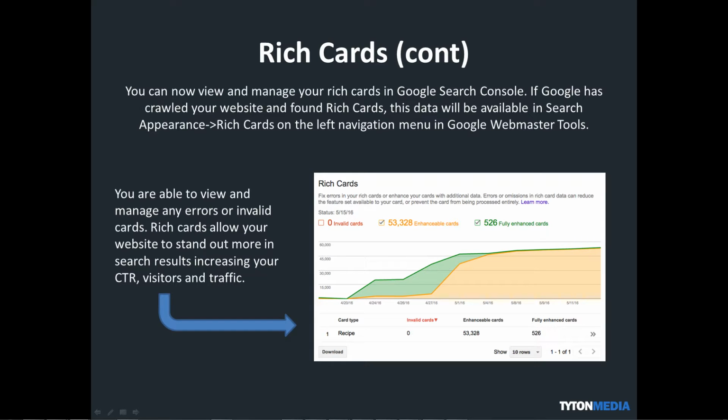It's very important to keep up with this data and constantly check Google Webmaster Tools and see if everything is working correctly. It can have a strong impact on your rankings in Google and your click-through rate to your website in Google. So that's rich cards.